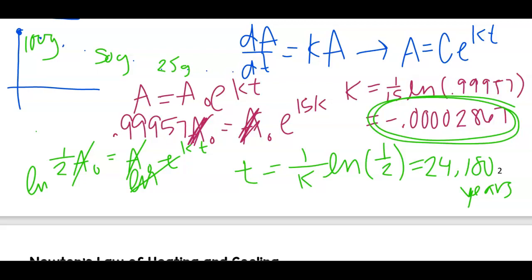Then in another 24,000 years, you have 12.5 grams left. It never ends up going away, which is why chemicals like this are really kind of terrible and dangerous. But that is how we solve exponential growth and decay models using differential equations and then plugging in additional conditions to solve for the particular solutions for that situation.